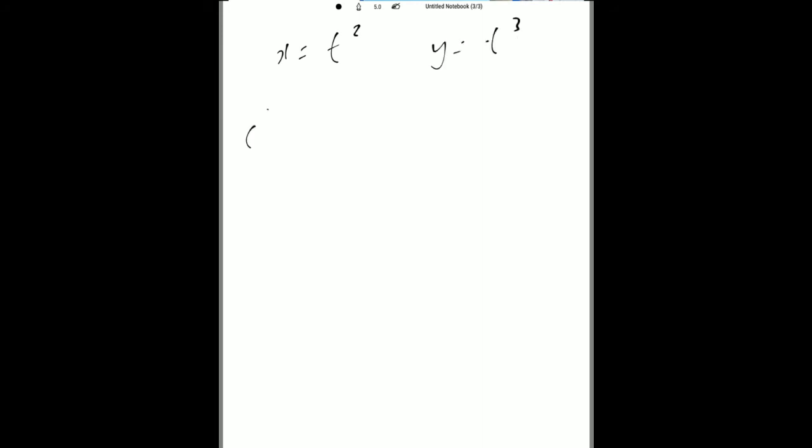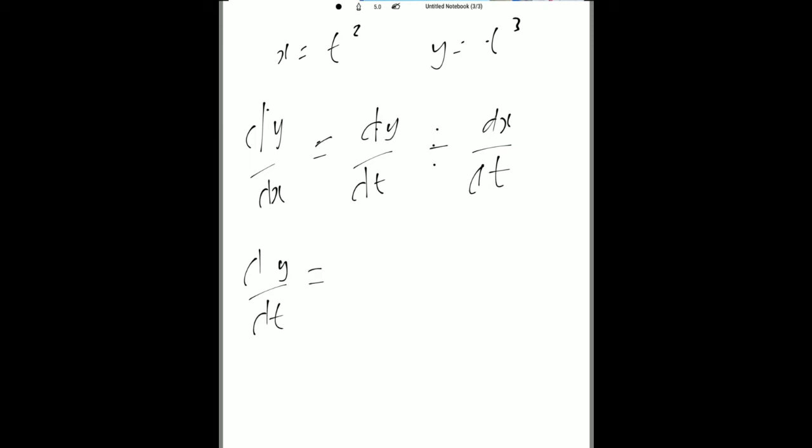To find dy by dx, we divided dy by dt by dx by dt, and we found that dy by dt was equal to 3t squared and dx by dt was equal to 2t, rendering dy by dx nothing less than 3 over 2t.